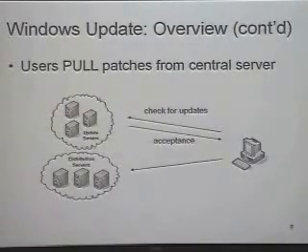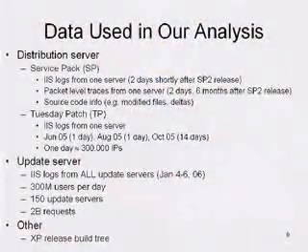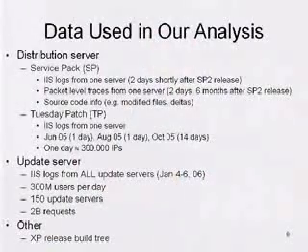This is very introductory. It gives you a picture of the nature of the data that we have used in the analysis. We have data sets both from distribution servers, where clients download the content from, and from the update service.